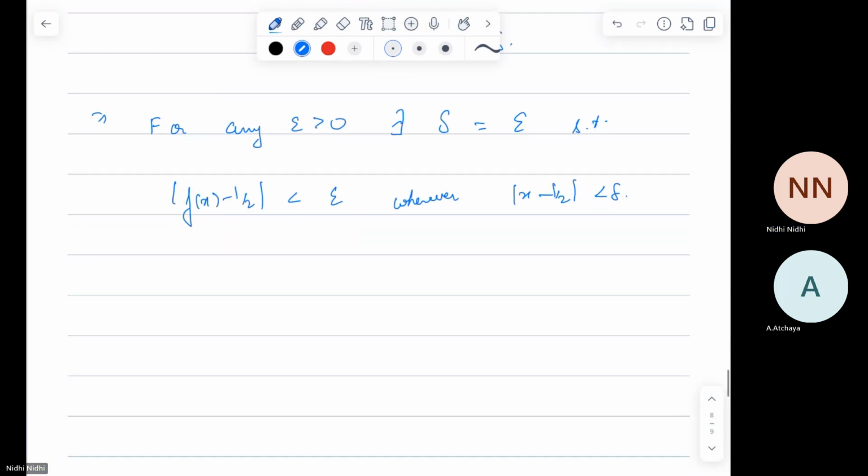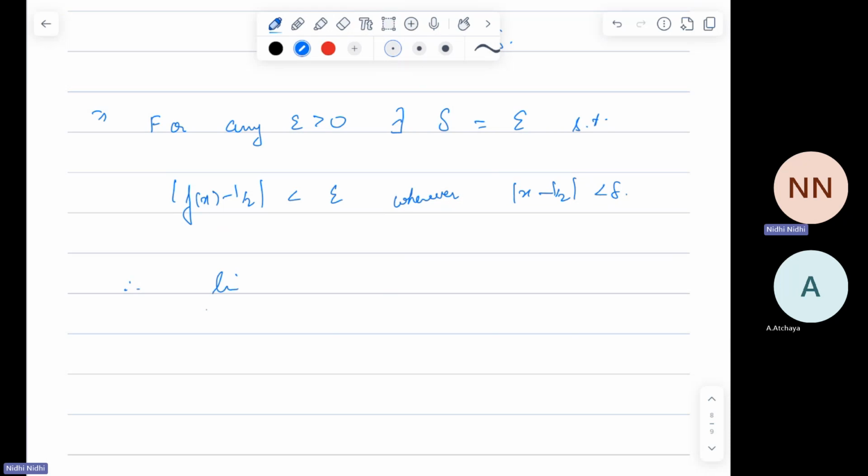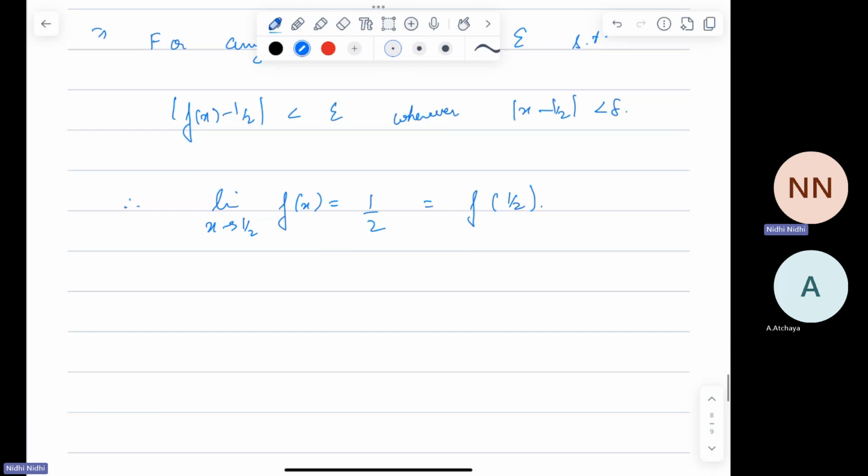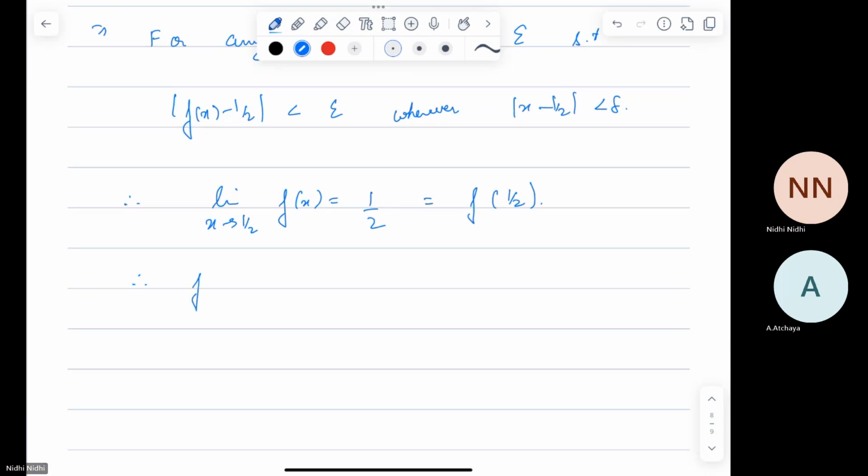Therefore limit x tending to 1 by 2 f(x) is equal to 1 by 2, and also this is equal to the value of function at 1 by 2. Therefore the function f is continuous at 1 by 2.